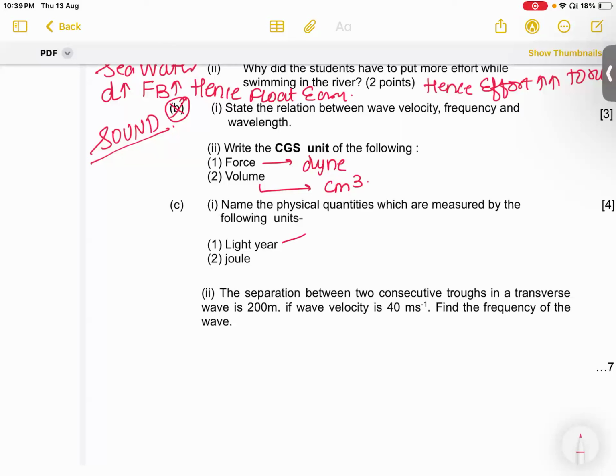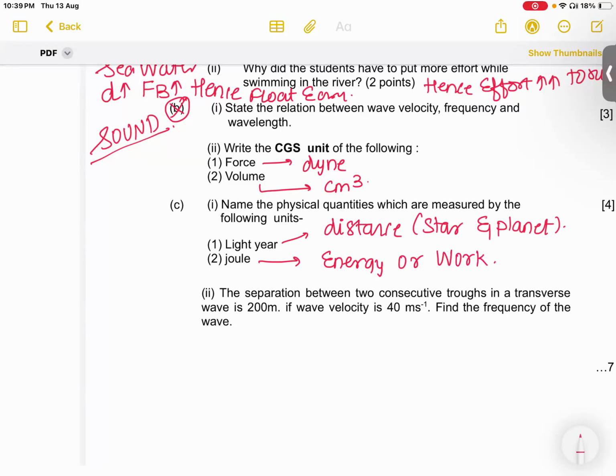Light year. Light year is for distance. Be very precise, it is the distance between the star and the planet Earth or any random planet. Joule is the unit for energy or work.